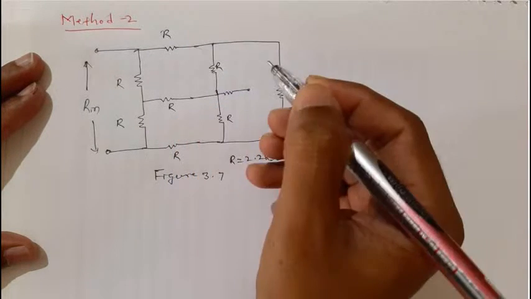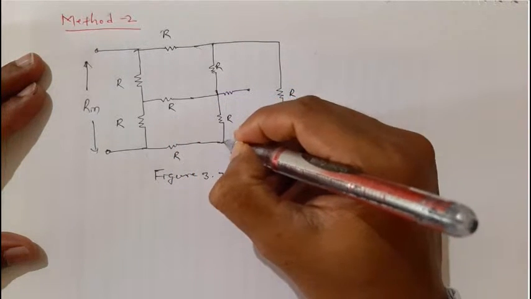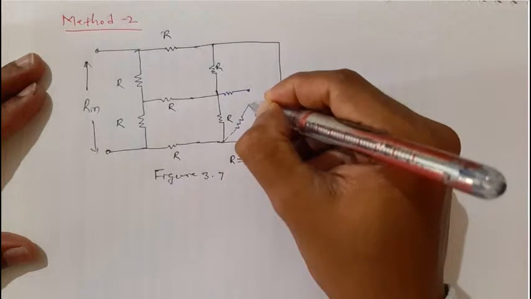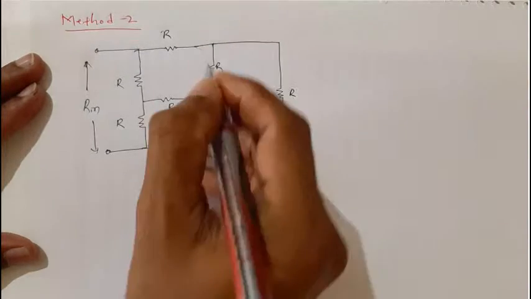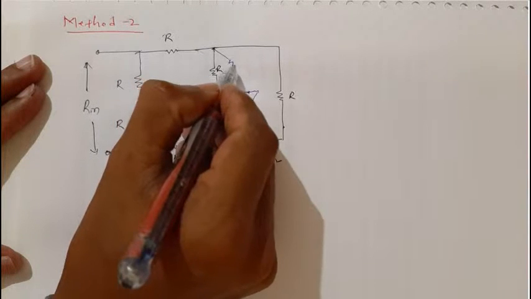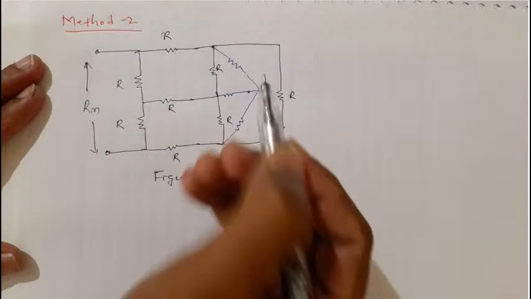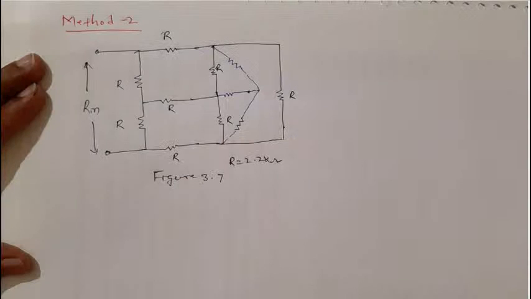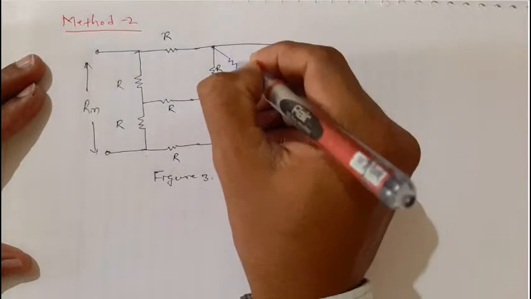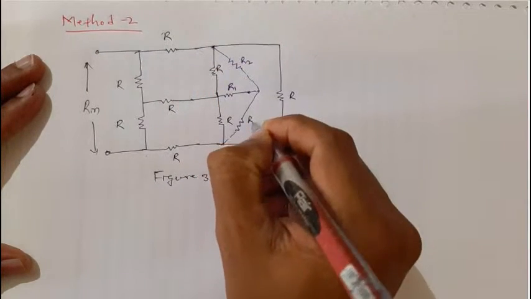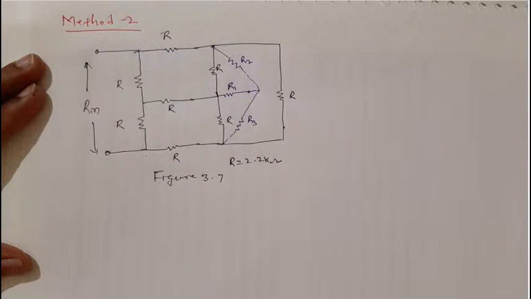One resistor I will get here, another here, and the third one here, right? I call these 3 resistors R1, R2, R3.